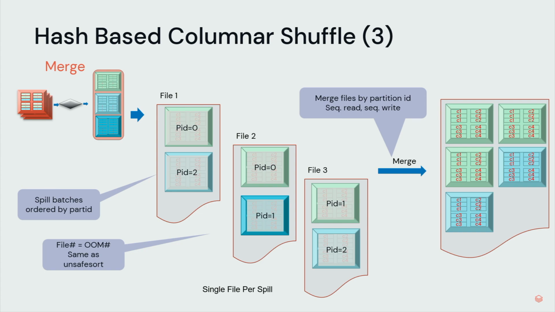When we do the merge, the single or small file reads are sequential, and the large file write is also sequential. So there's no random file access here, and random file access is much more expensive than sequential access. So this is how the merge works.